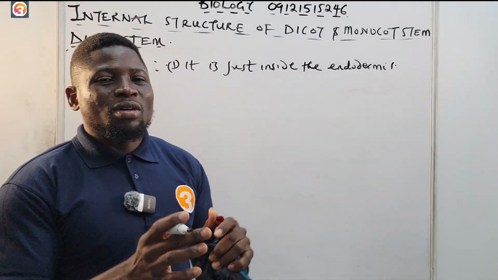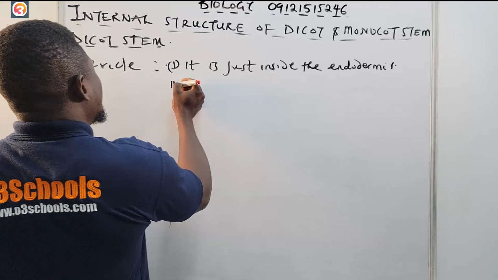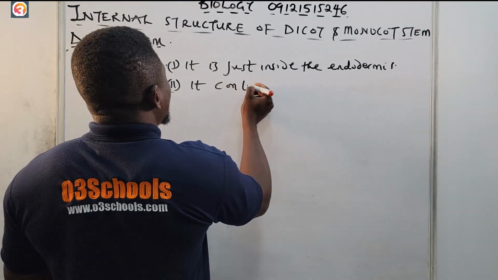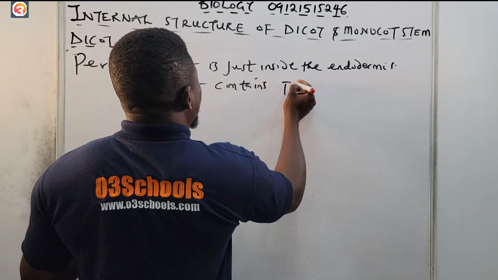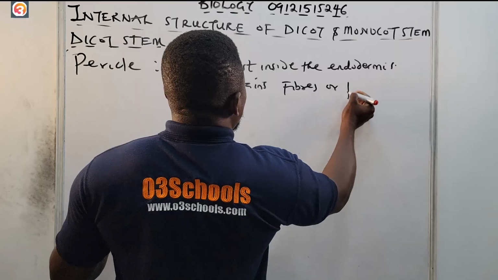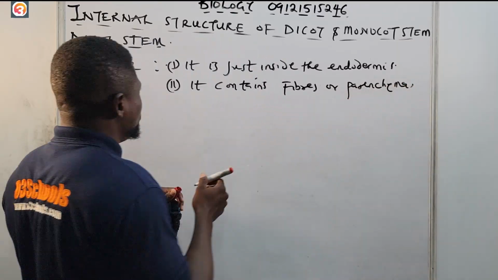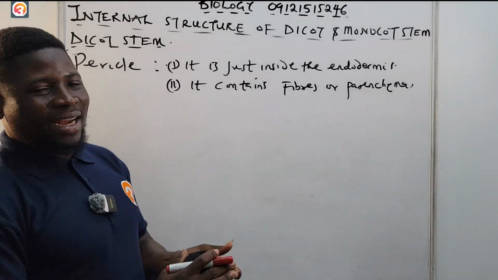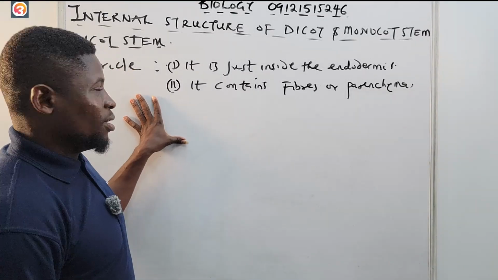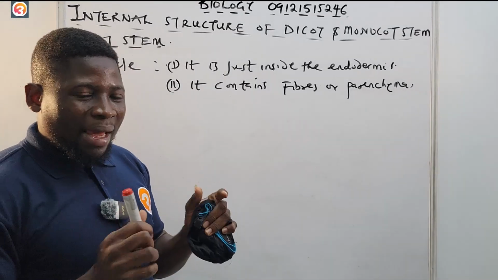Number two, it contains fibers or parenchyma. So the pericycle contains fibers or parenchyma. Take note of these. So that is the pericycle.